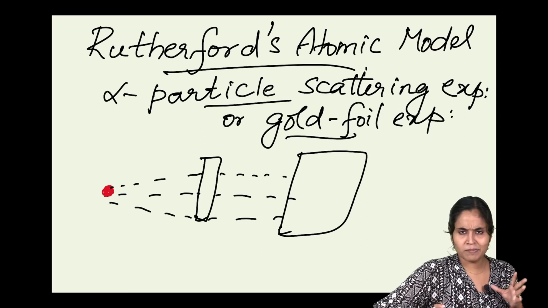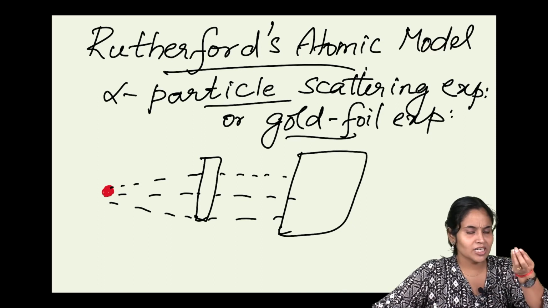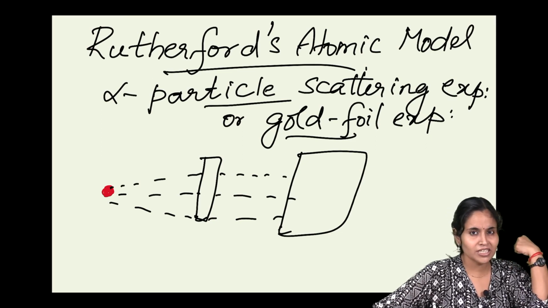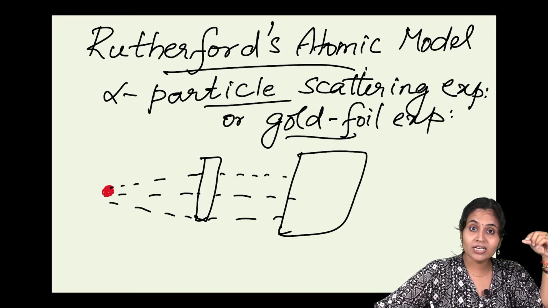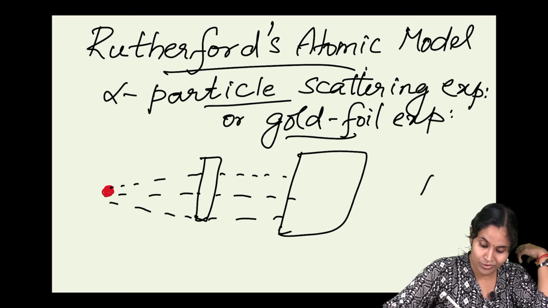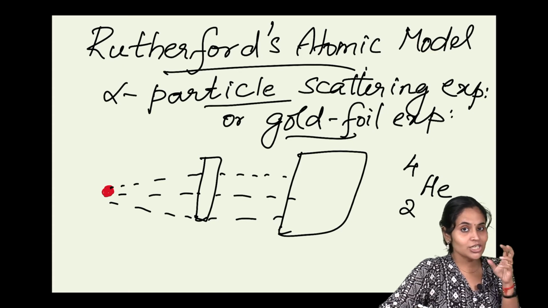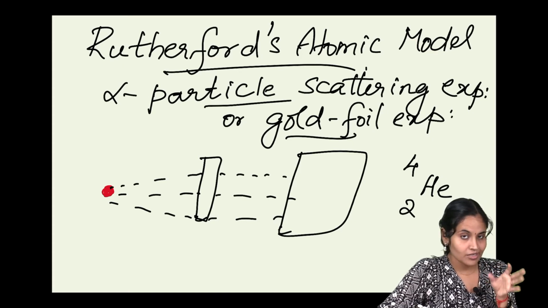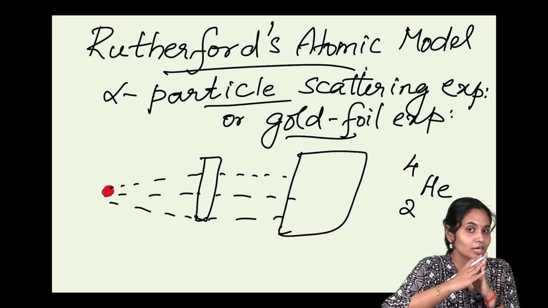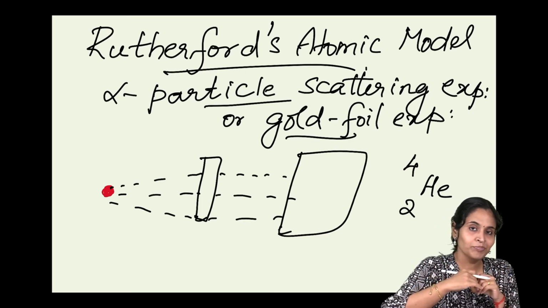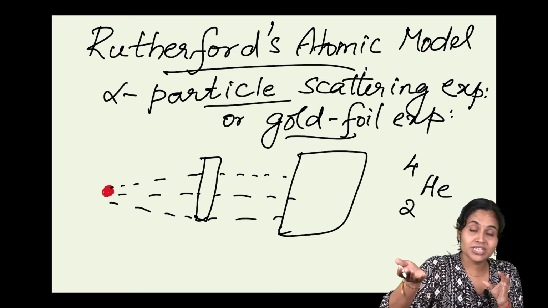This was the experimental part, a very simple concept. You know alpha particles are similar to helium nucleus, correct? This is a helium nucleus with atomic number 2 and atomic mass 4. These alpha particles were allowed to pass through a gold foil, a thin film of gold, and the emerging radiations were studied.